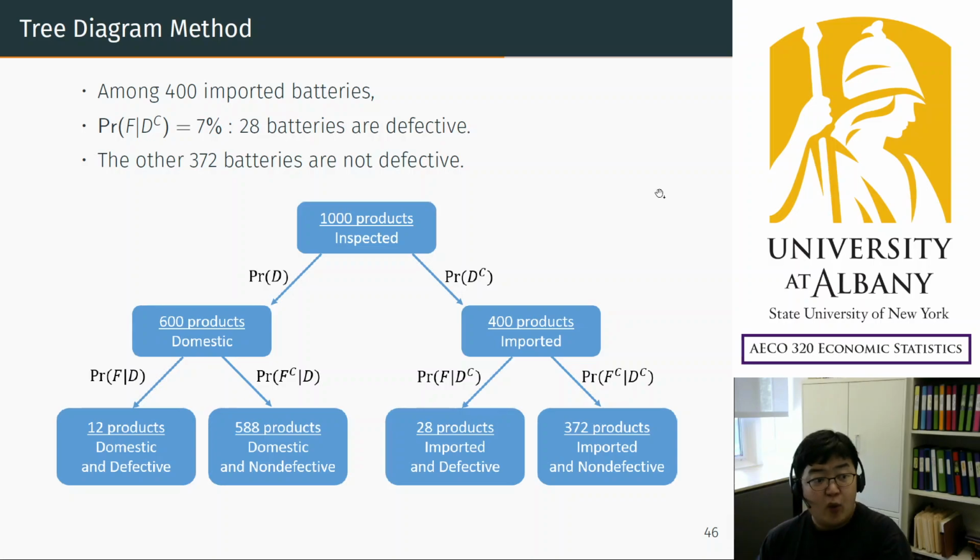Among 400 imported batteries, 28 are defective. So pull them out and make another pile. Again, in the end we have two piles from the imported batteries. That is 28 imported and defective batteries, and finally, 372 imported and non-defective batteries. Right?